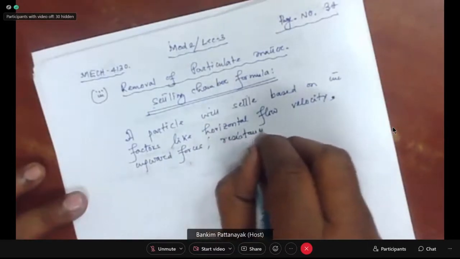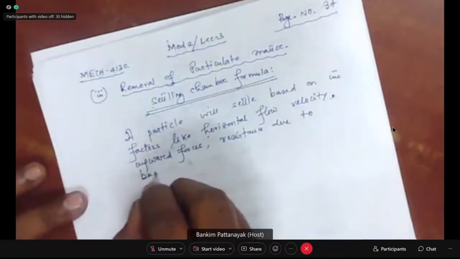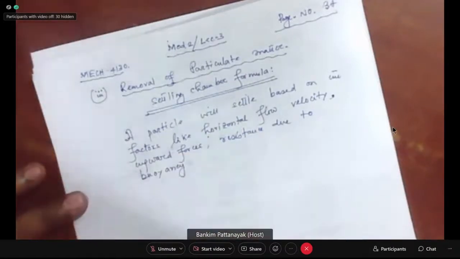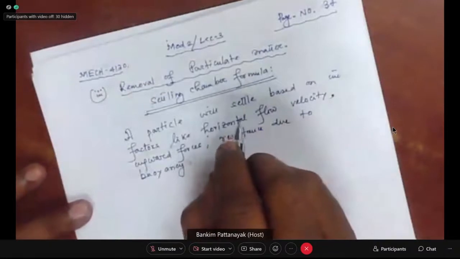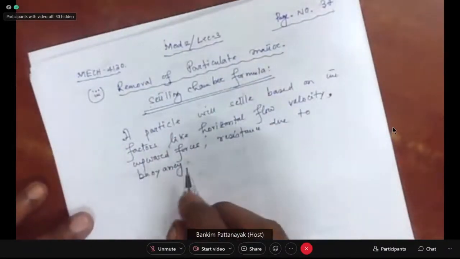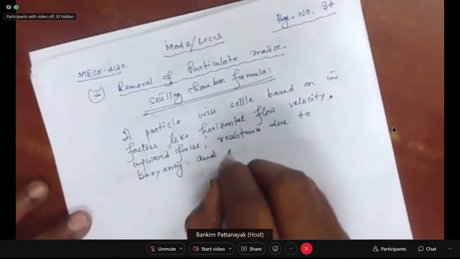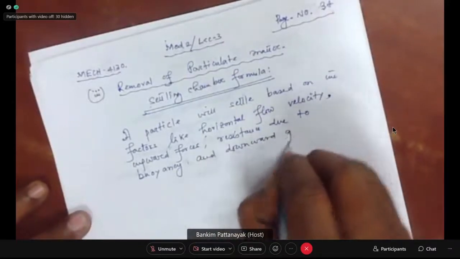resistance due to buoyancy, and of course there is a downward gravitational pull.